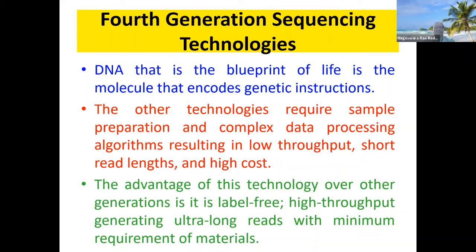We don't require data processing algorithms. It is not a low throughput result. It is actually generating high throughput data. We are generating long reads, and it's again low cost. So these are the advantages of this. At the same time, it's label free. We are not even labeling them.